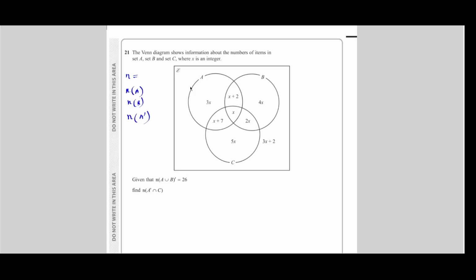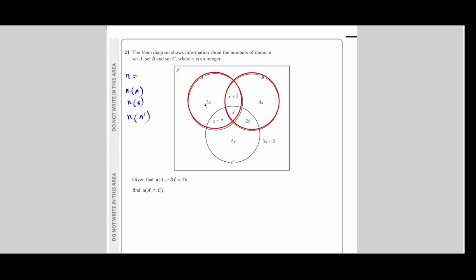Let's draw these two circles, A union B. Here, this is circle A, this is B. So everything in A and B is A union B.